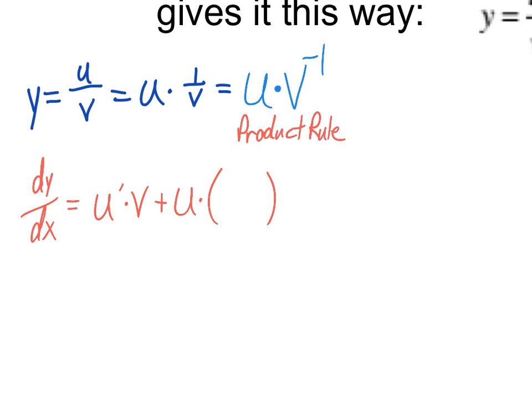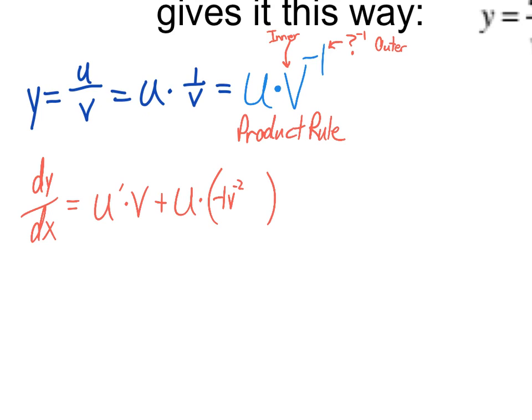Okay? Now, the v here is going to be the inner function for the chain rule. Like Alex said, we got to use the chain rule here. The something to the negative 1 is our outer function. Okay? Well, what is the derivative of something to the negative 1? Negative 1, something to the negative 2. Negative 1, something, in this case a v, to the negative 2.